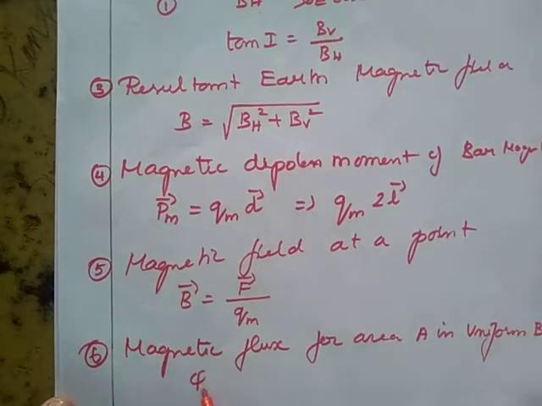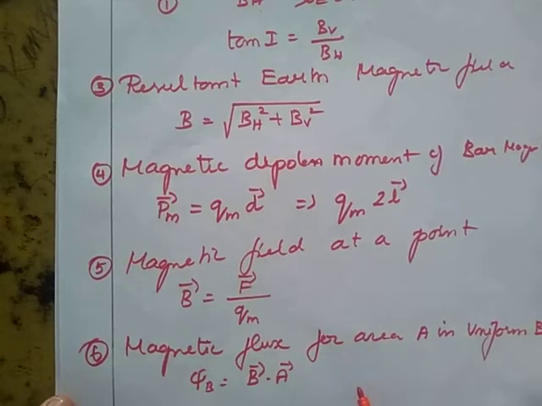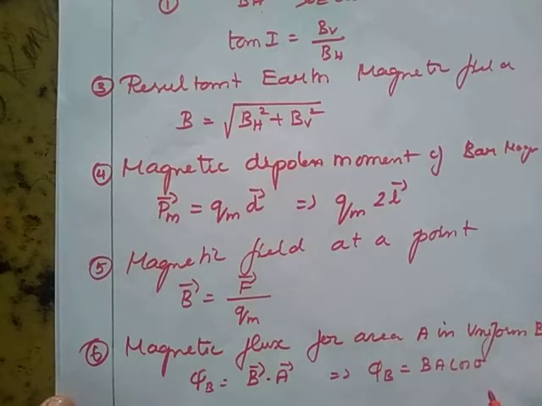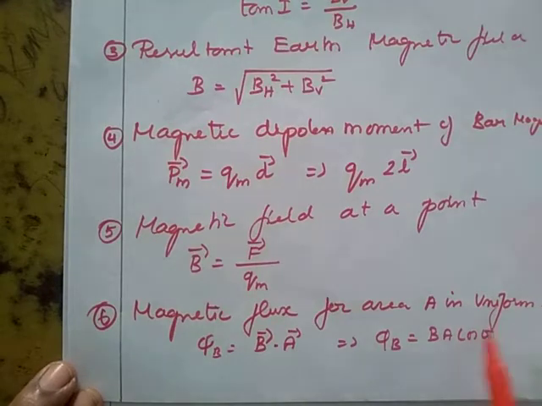So we can state phi B is equal to B vector dot A vector. Here it is a dot product of two vectors, so flux is a scalar one. It can be written as phi B is equal to B A cos theta. Here theta is the angle between B vector and A vector.